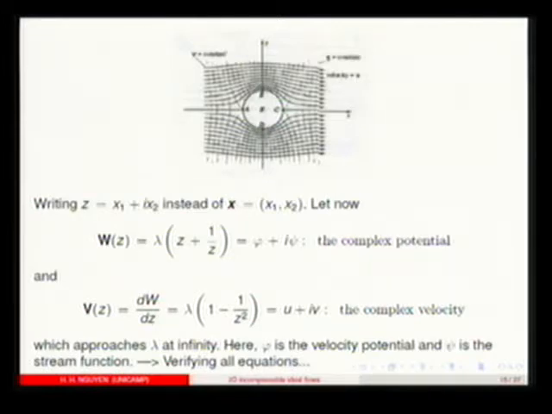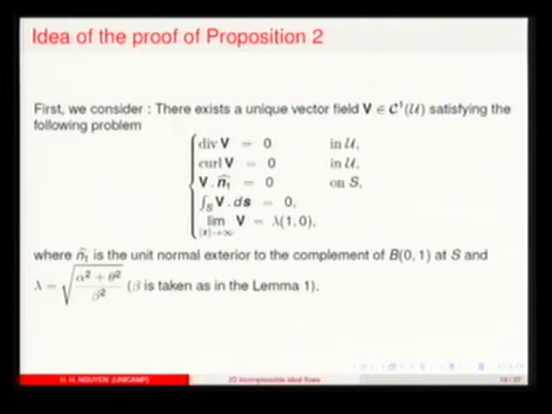After, with this V, we write U, V, and we can check this V satisfies the divergence is 0 and the curl is 0.